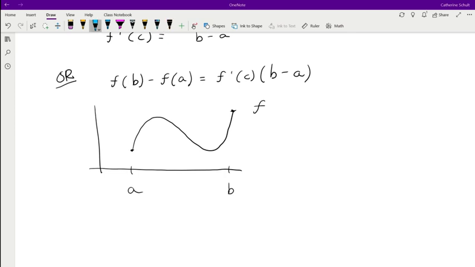And then we have our line segment from f of A to f of B, or a secant line. And then we're going to define a new function, h. And h is going to be just the vertical distance between f and the secant line. And we're going to call that function h.